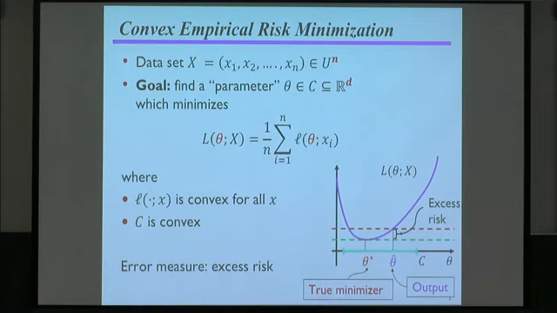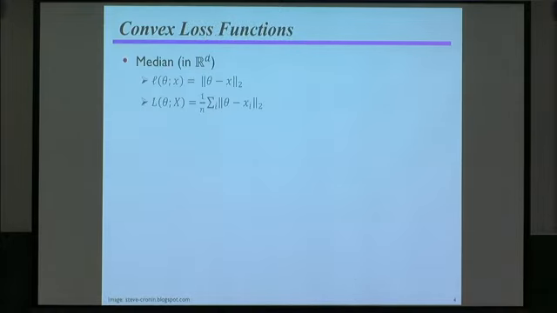Just to go through some examples, the median is an example of this. In real space and arbitrary dimension, there's a well-defined notion of a median, and it's a point theta that tries to minimize the sum of the distances to the points in the data set. This actually has a very natural interpretation in the plane.